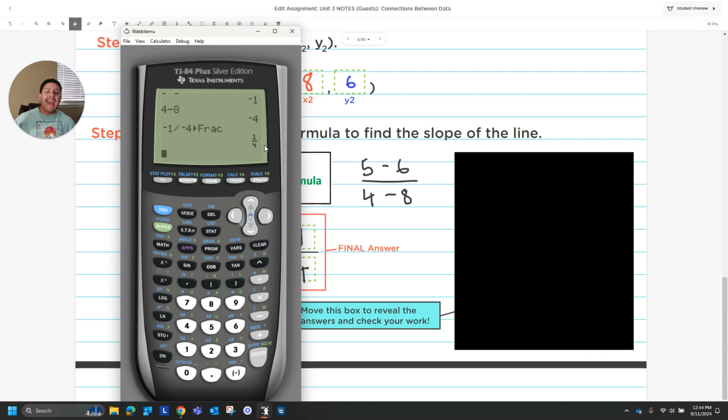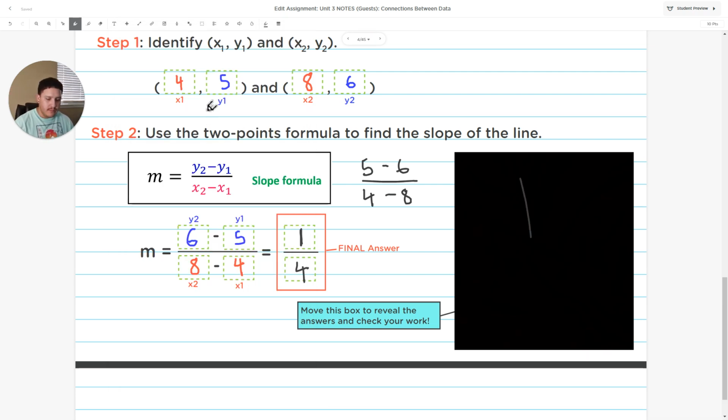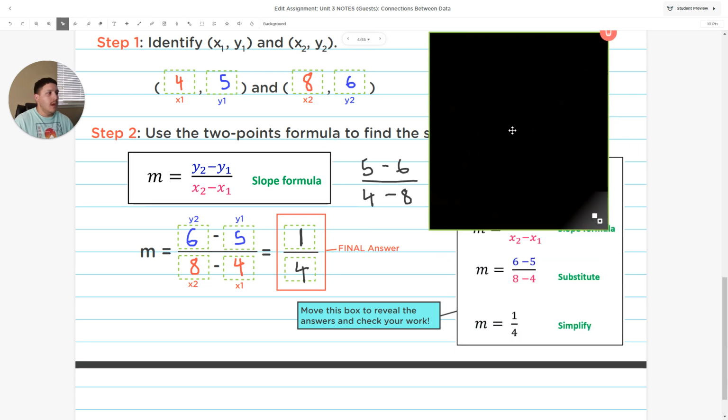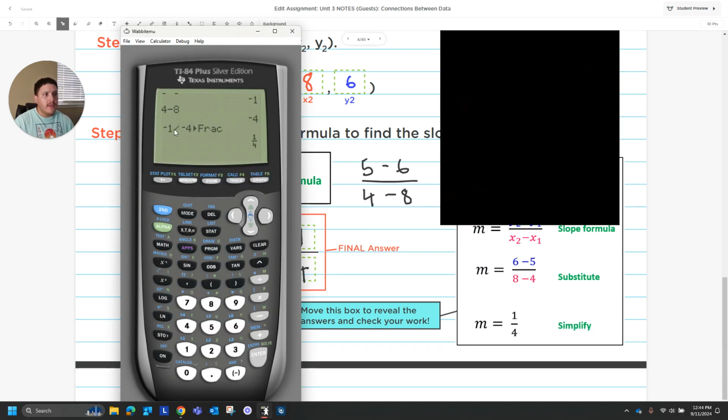It turns out a positive 1 over 4, okay? Which is still my answer right here. And it makes sense because a negative divided by a negative gives me a positive. So it turns out the correct positive reduced fraction because of that.